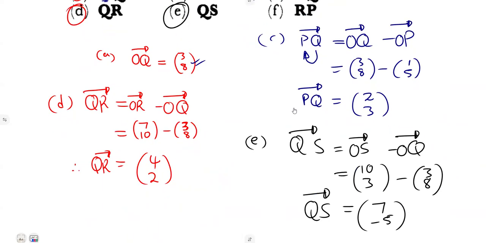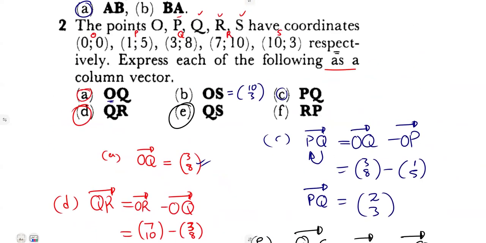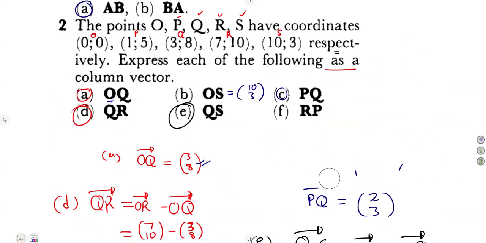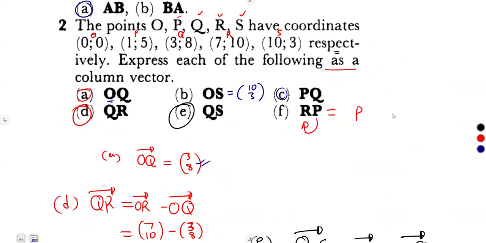All right, another one is vector RP. Same concept. RP can be determined as P minus R, which is OP minus OR.